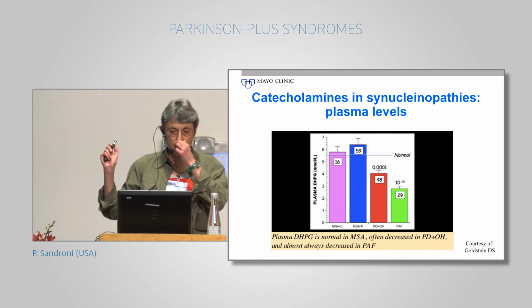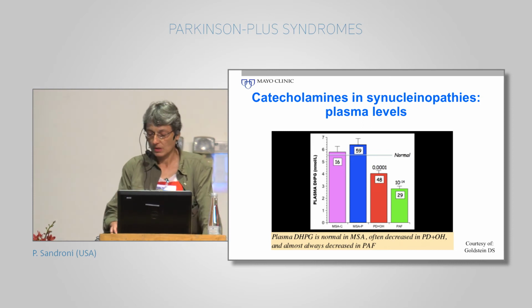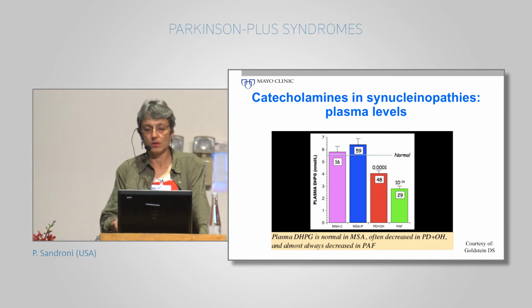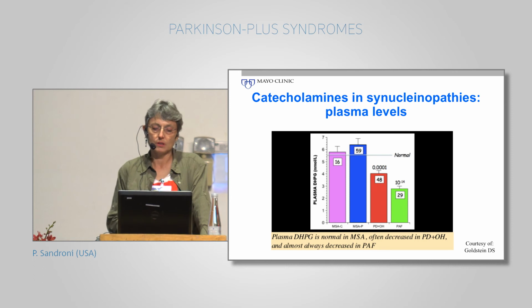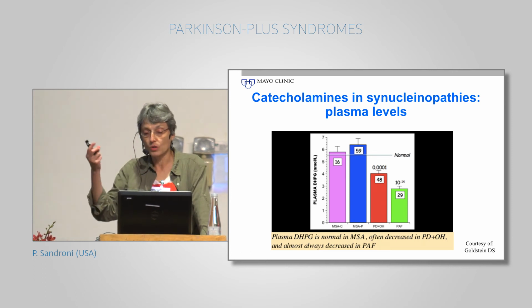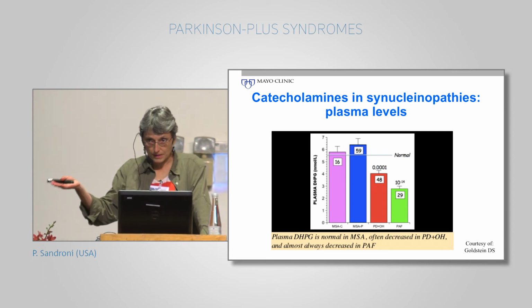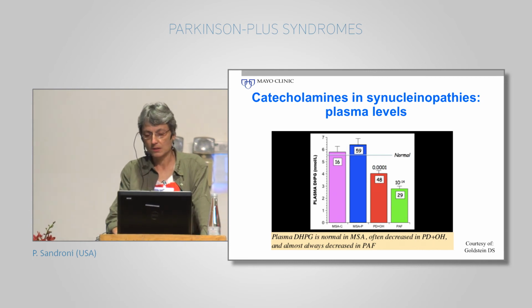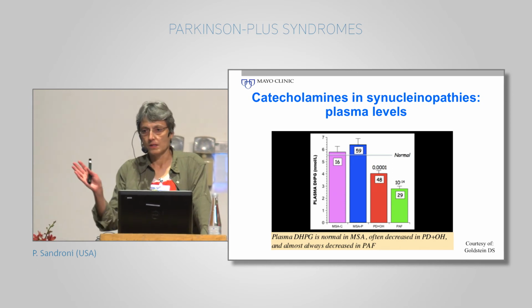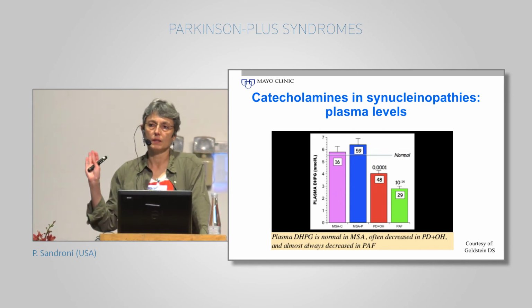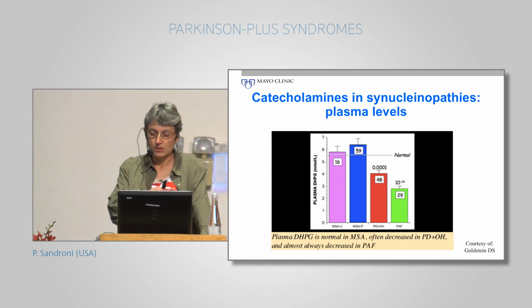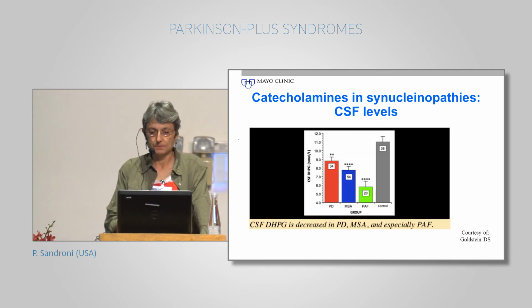So that's something that we use in our testing. We don't measure the dihydroxyphenylglycol. We just measure norepinephrine in the plasma. It's not super sensitive, and you need a good assay. But again, it's usually very abnormal in the peripheral syndromes and is normal in multiple system atrophy.